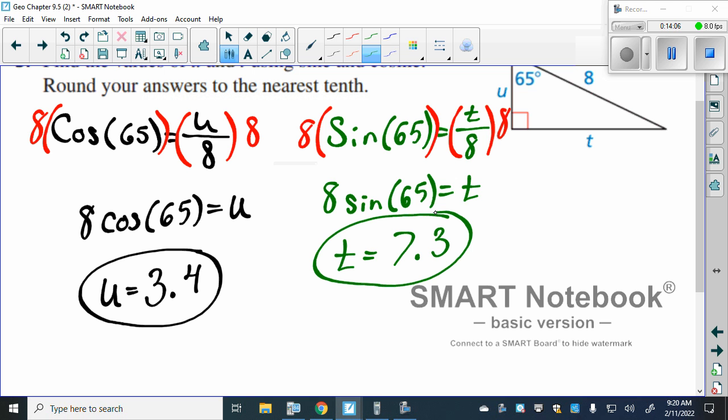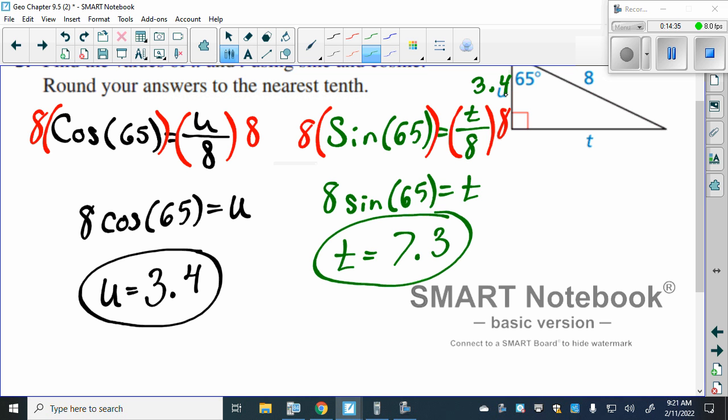And that's about what we would expect, because the hypotenuse is 8, yes? The hypotenuse is always the biggest side length. It's opposite 90, so it's always going to be the biggest side length. So we know that u and t cannot be greater than 8. We found u first at 3.4.